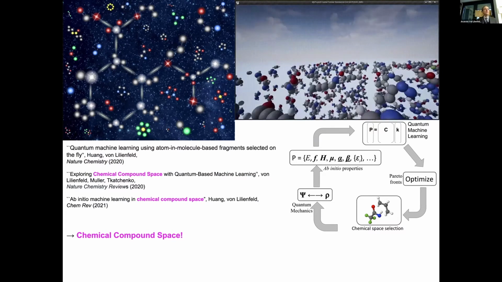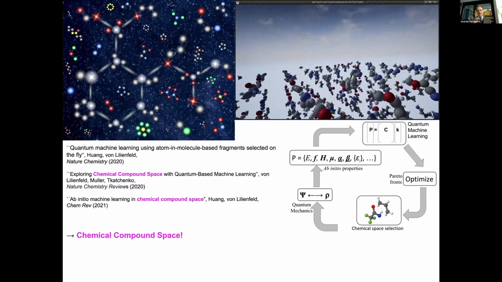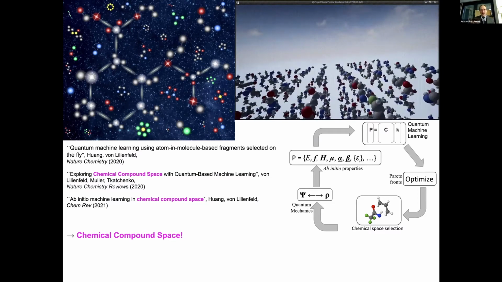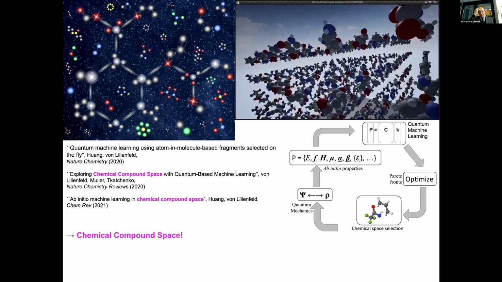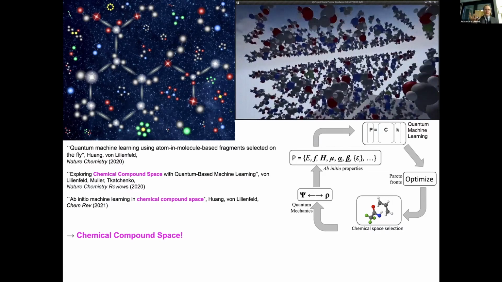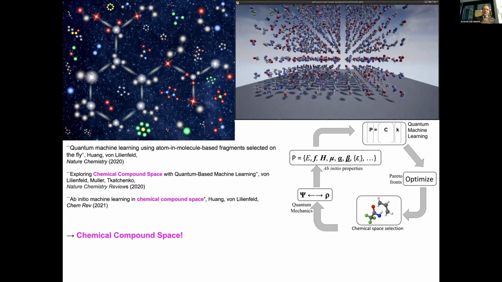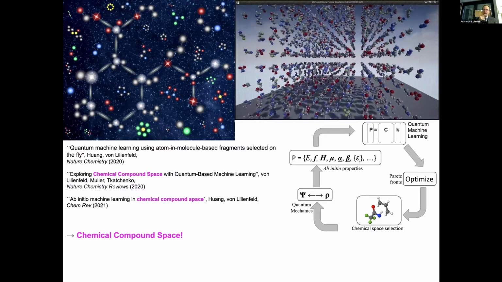And so this is just an illustration of the underlying idea that the individual solutions to Schrödinger's equations for one system are not unrelated from the solutions of another system.